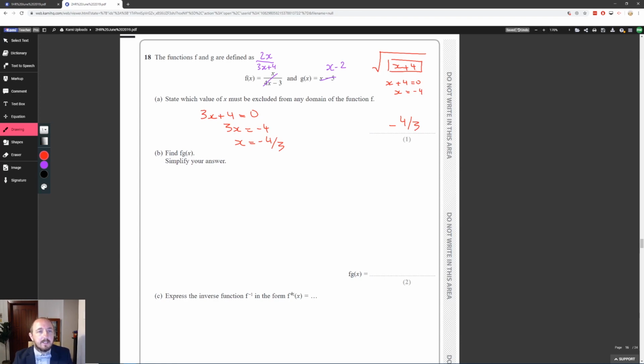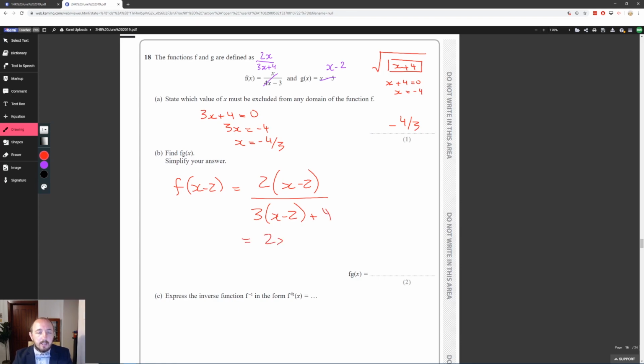Find fg of x. So with these composite functions, we take g of x, which is x minus 2, and we put it into f. So we're going to replace the x with x minus 2 for f. So we're replacing any x we see with x minus 2, and we're going to simplify this.